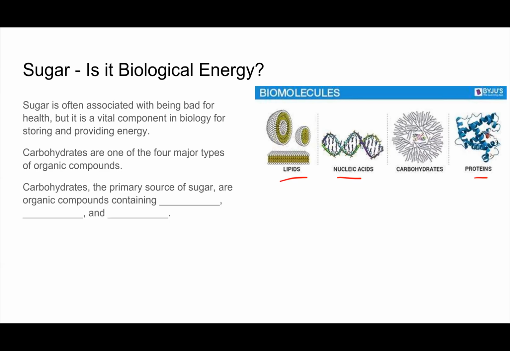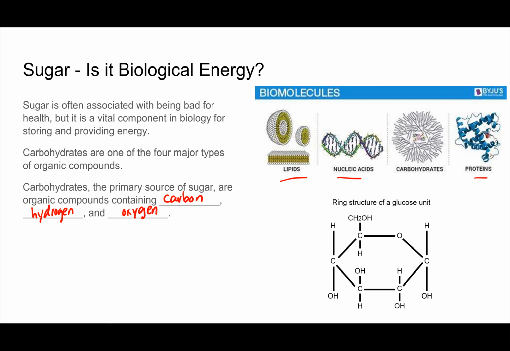So carbohydrates, being the primary source of sugar, are organic compounds containing carbon, hydrogen, and oxygen. As you can see in this picture right here, this is a ring shape of a glucose unit, right? Glucose, when you see a word that ends in OSE, you know that this is a sugar.